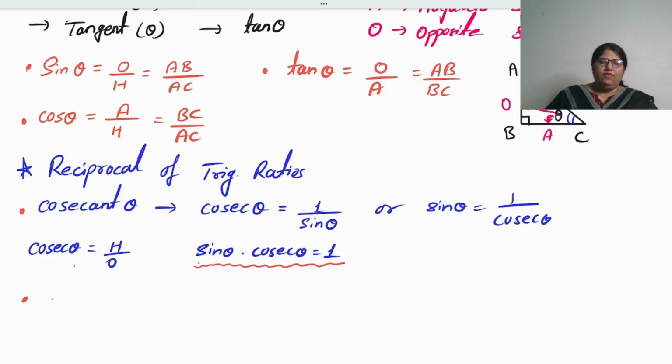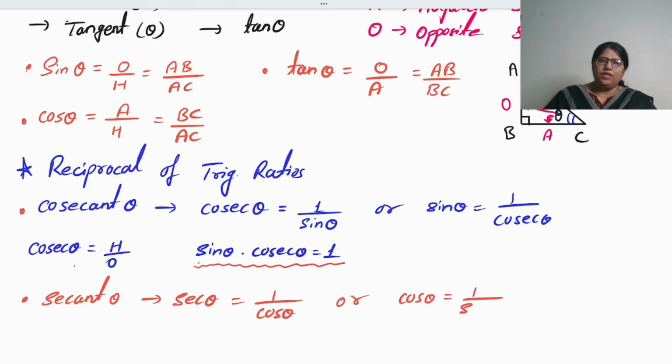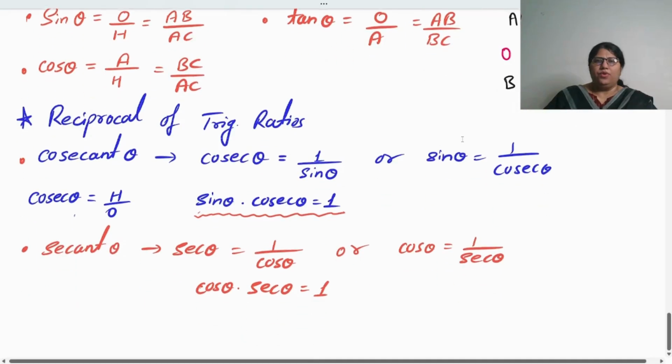The second one is the secant of an angle, and the short form we write is sec theta, which is nothing but the reciprocal of cos theta, or cos theta is the reciprocal of sec theta. The product of cos theta and sec theta is always 1. This is your second reciprocal.